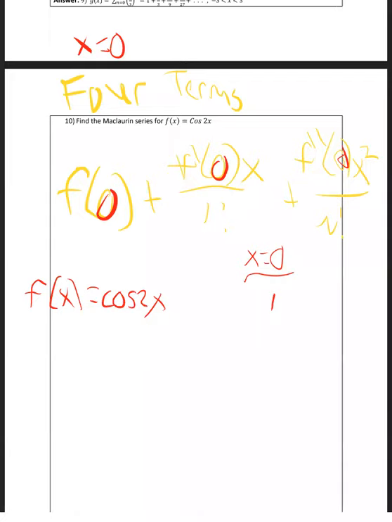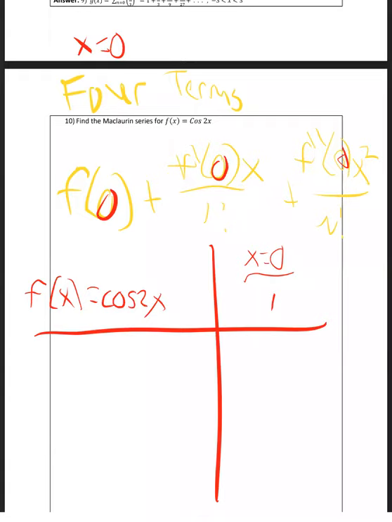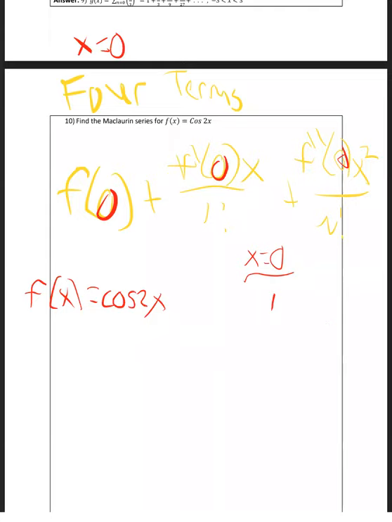Into cosine of 0? It's cosine of 2x. Okay, yeah. Okay, so we're just going to keep going. And remember, we're going to do it up to 4 terms because that's like your go-to term limit. So the next one will be f prime of x, which is negative 2 sine of 2x.